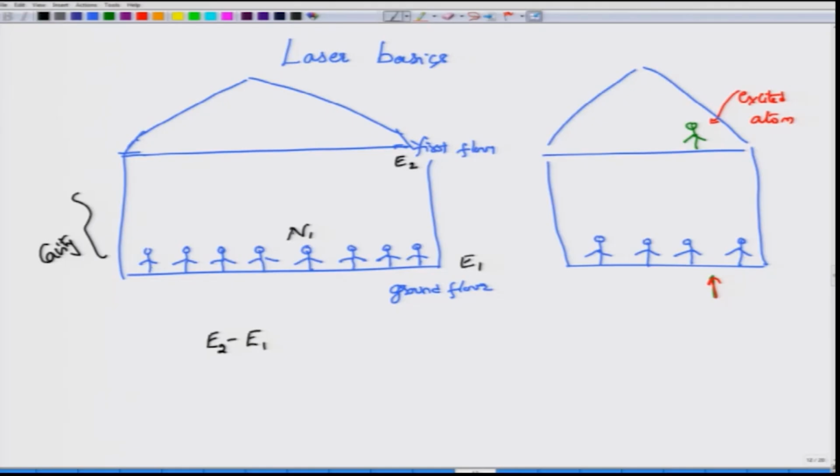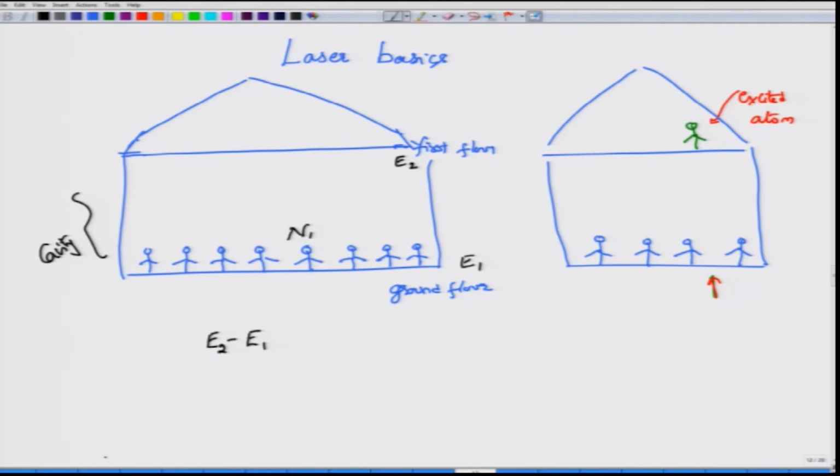So, there is a certain occupation density, or number of people occupying this particular floor. Since this floor corresponds to a certain energy, we have called it E1, and the density of people occupying it will be denoted by N1. You would see that at the energy level E1, the population density N1 is quite high, almost everyone is in the energy level E1.